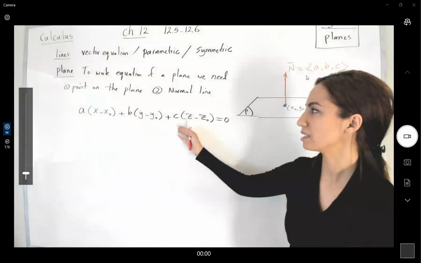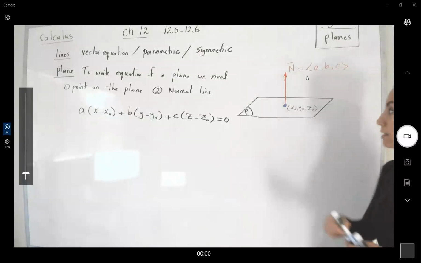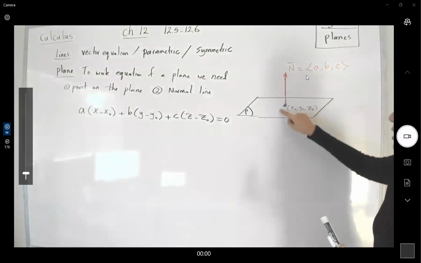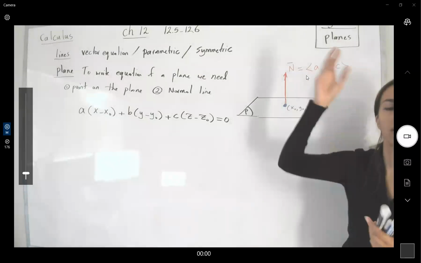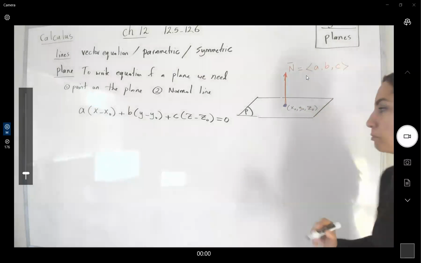So where does this equation come from? It comes from the fact that this normal vector is perpendicular to our plane. What's the meaning of that?